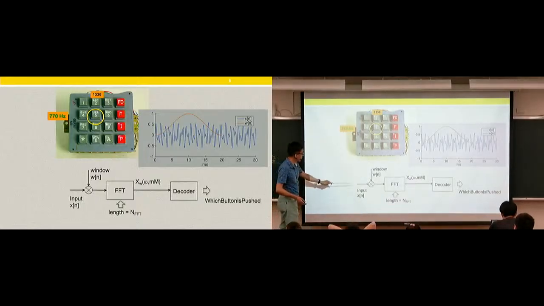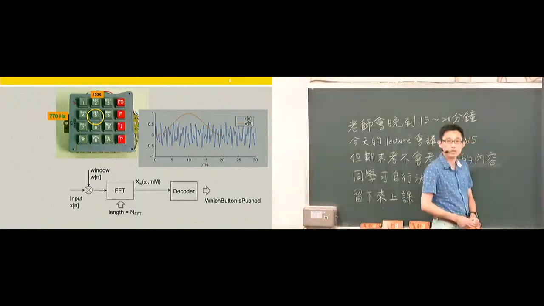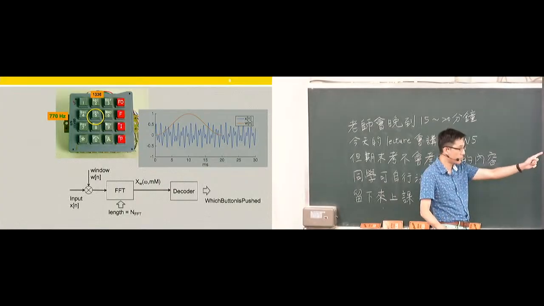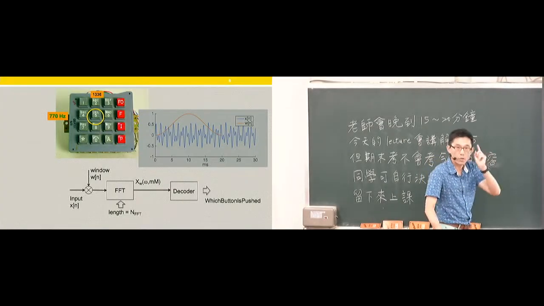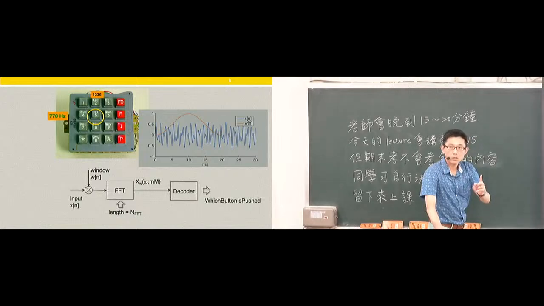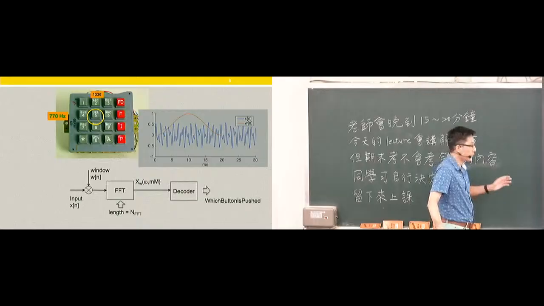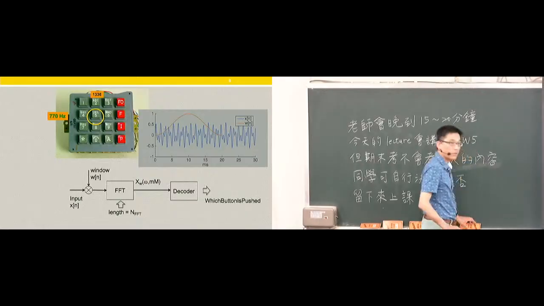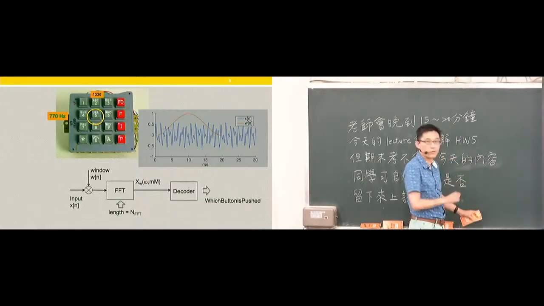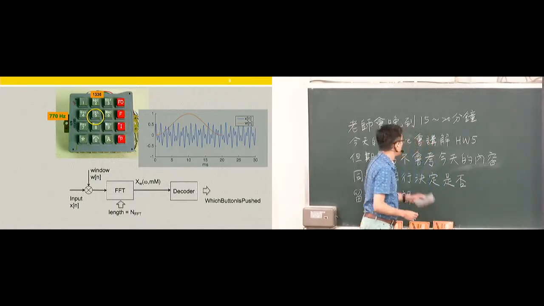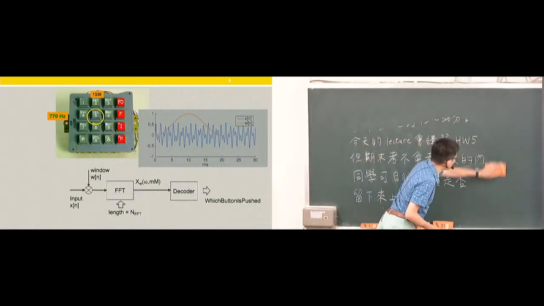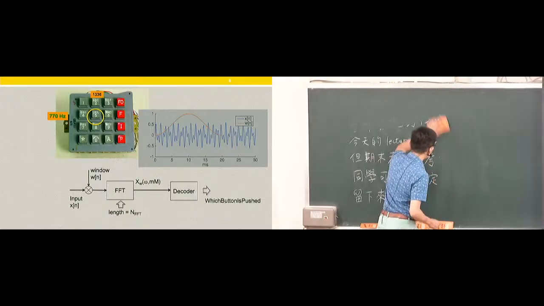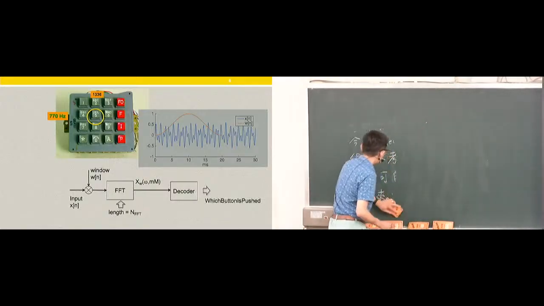So you multiply your window with your input, and then the question is, what do we expect in the frequency domain? Suppose we can safely assume that there is a combination of 2 tones, and the only unknown is the frequencies. If you can make that assumption, how do we estimate which 2 frequencies they are?